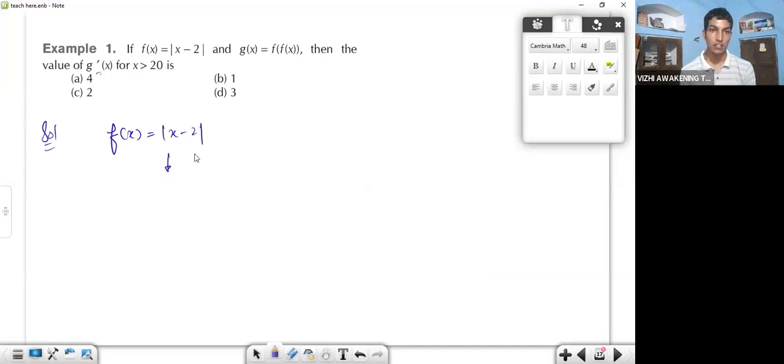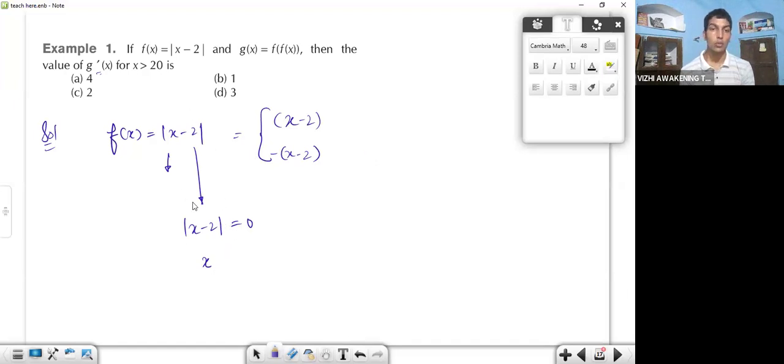So here in this condition, we can represent this function as x minus 2 and minus of x minus 2. Let us first equate this particular expression x minus 2 equal to 0, because at 0 it will be changing its sign.